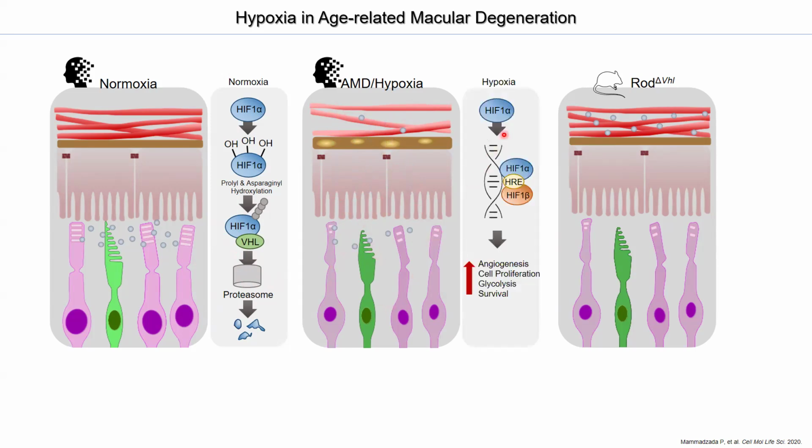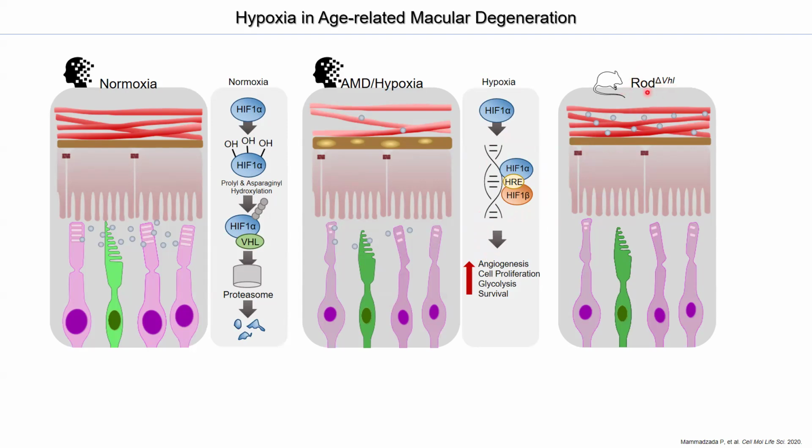What this means is that HIF1 alpha cannot be hydroxylated, will form a complex with HIF1 beta, and will be transported to the nucleus, where it can be used as a transcription factor for multiple processes, promoting, for example, glycolysis and other important targets.